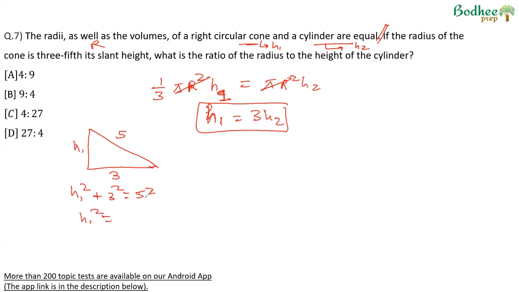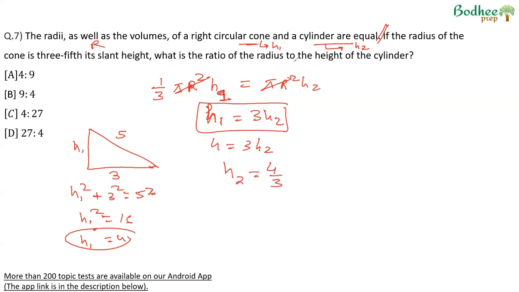So h1 square is equal to 25 minus 9, which is 16. So h1 comes out to 4. If h1 is 4, h2 will be 4 by 3.